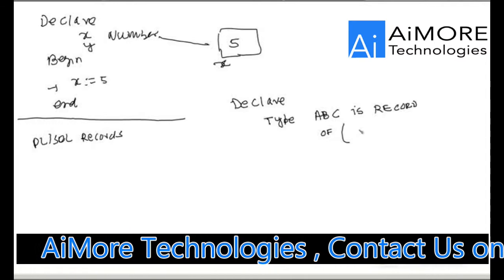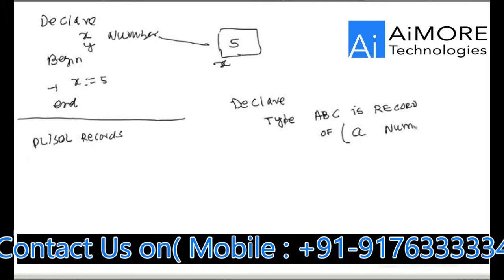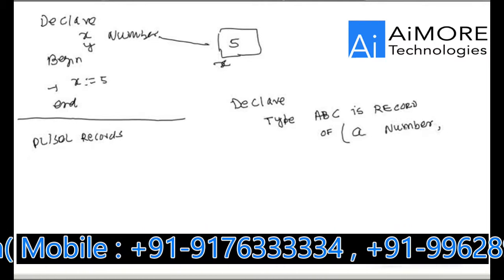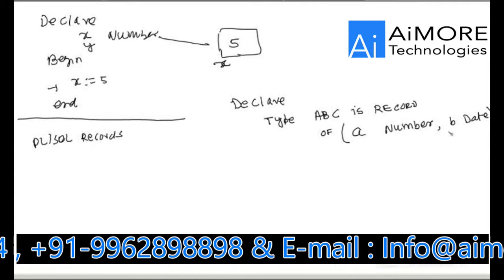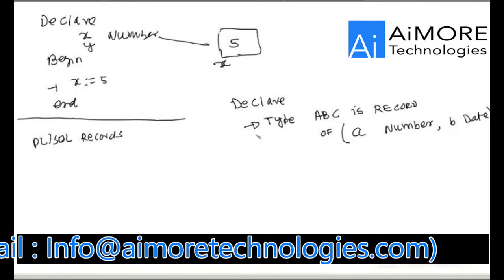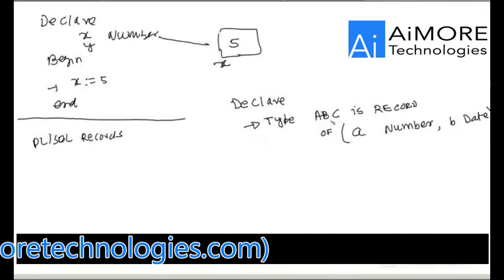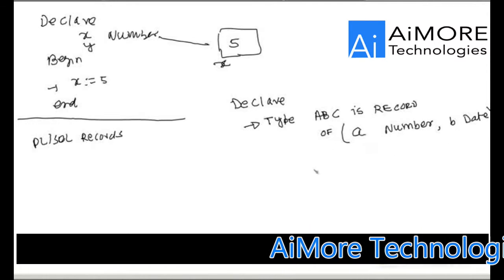Let's say the first element is A, and A is a number. And the second element is B, which is a date. So in this statement, what I said is that ABC is an abstract data type, which is a combination of a number and a date.